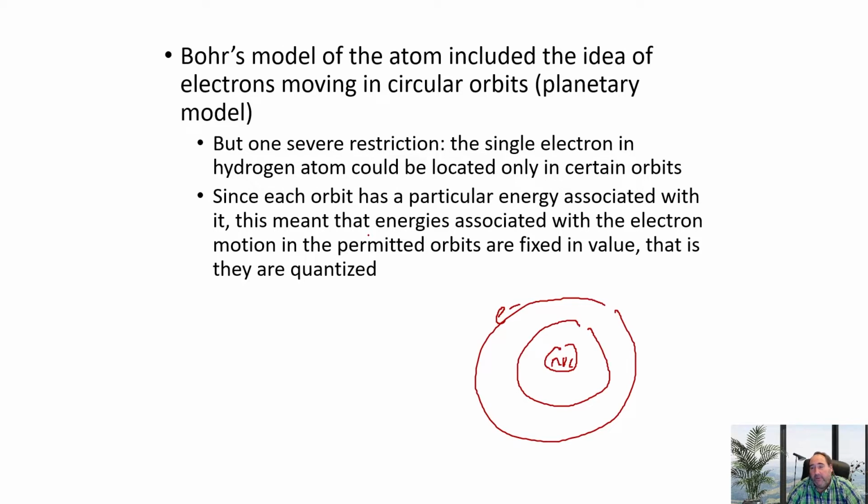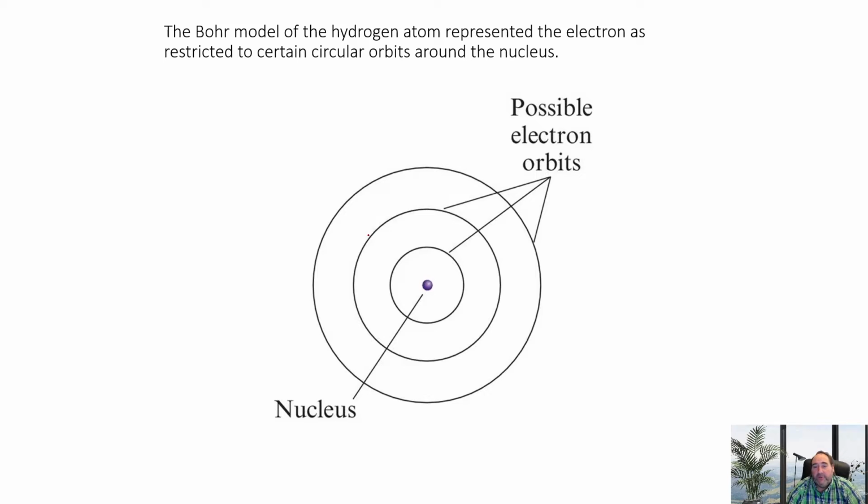It works really well to describe what we're seeing with hydrogen. What he was talking about was that an electron is restricted to a specific energy level or orbital. And as it transitions from one orbital to the next, that is where we see those colors, like the red line, the purple line, the orange line.